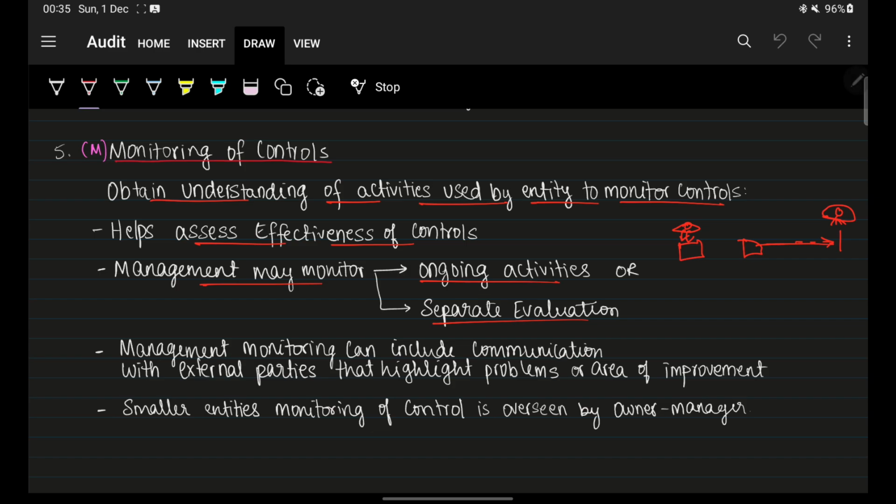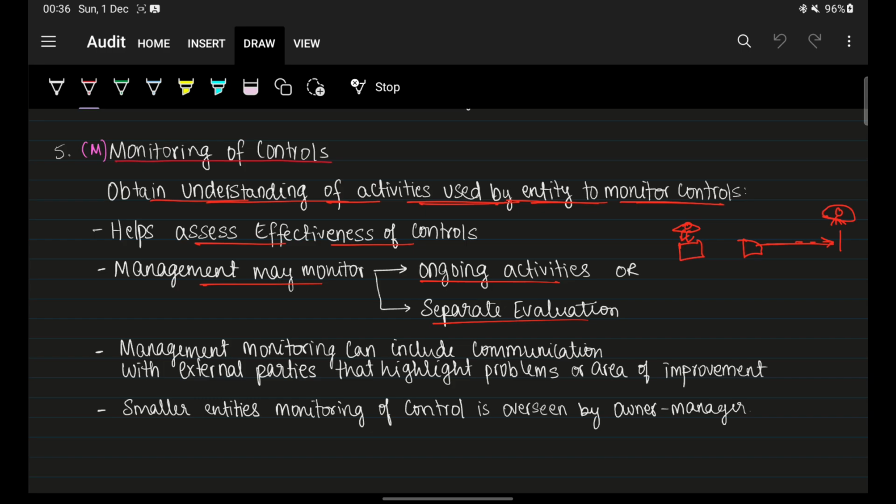So firstly, he needs to obtain an understanding of the activities used by the entity to monitor the controls. Basically, we have to understand how the controls are monitored, because it helps assess the effectiveness of control. Secondly, how they're going to monitor: either they can monitor ongoing activities, or they can do a separate evaluation.